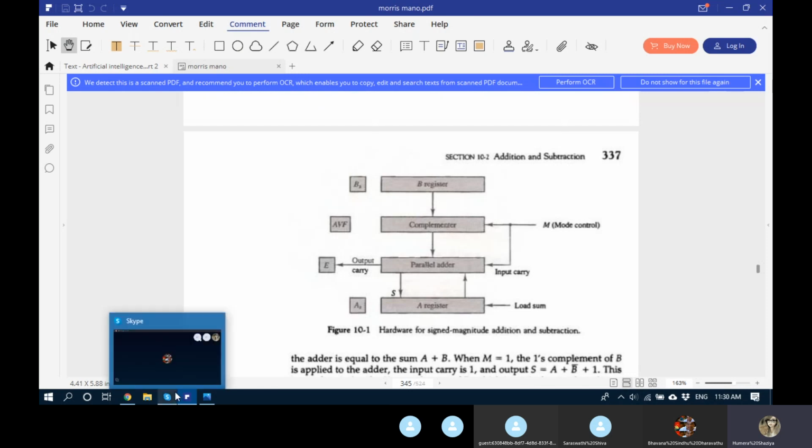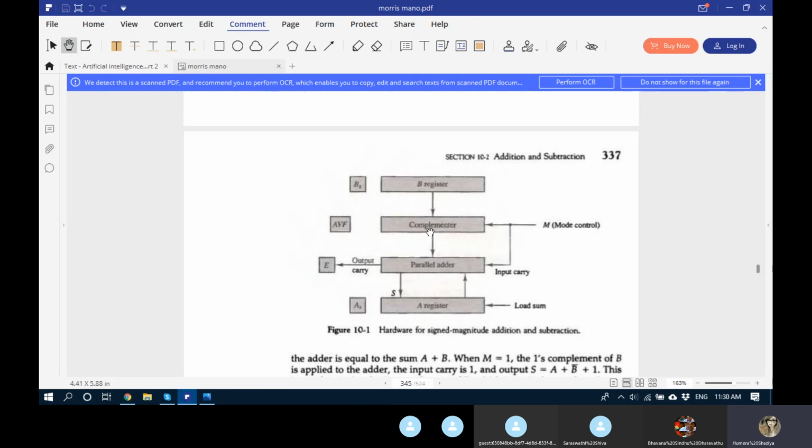And if you remember, plus means 0, minus means 1. If you are having a value 1, it indicates that the number in A register is negative. Here in AS, when you find 0, it denotes that A register has a positive number. Likewise for B register and B sign.